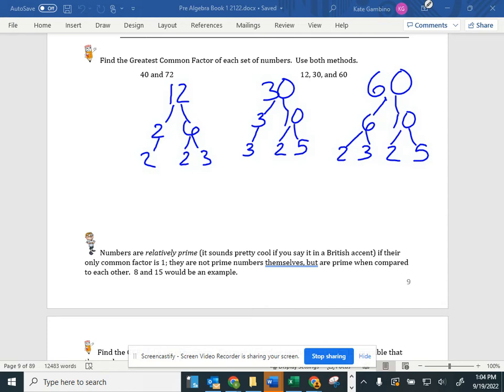So now that I did my trees here, what do I do? I'm going to multiply them all out. 2 times 2 times 3 times 3 times 2 times 5 times 2 times 3 times 2 times 5.